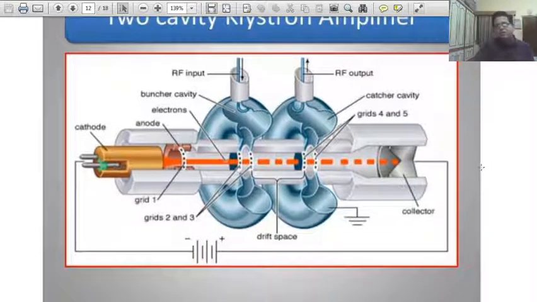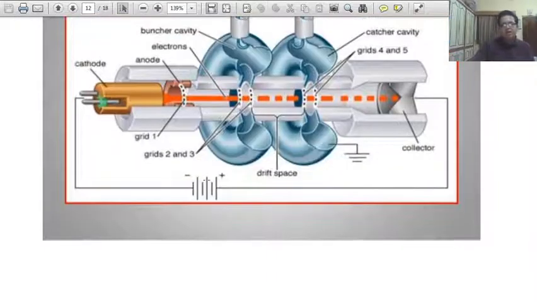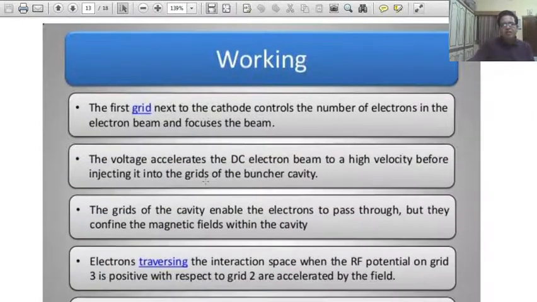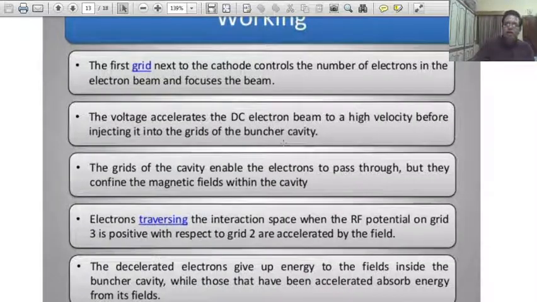That is really what the apparatus in the laboratories looks like. So here: anode, cathode, buncher cavity, catcher cavity, RF input, collector, and drift space. This is known as drift space.